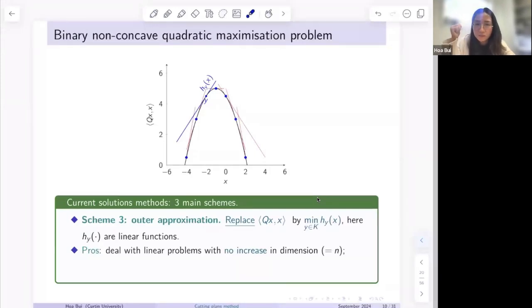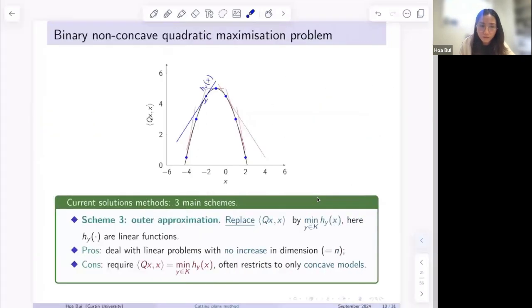Before we go into how we are going to do that, let's see the advantages of this one. The first is that we don't increase the dimension of the problem. Okay, maybe one more, but we don't significantly increase the dimension of the problem. The con, not mentioning how we are going to deal with that approach, is that it actually requires concavity.